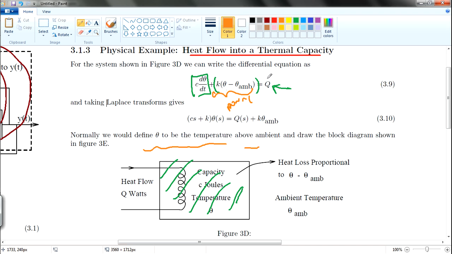Nonetheless, this amount of heat will give rise to a change in the temperature of the material, governed by the constant C, because if you remember MC delta T, if you don't remember, never mind. MC is just some thermal constant, the heat capacity actually.